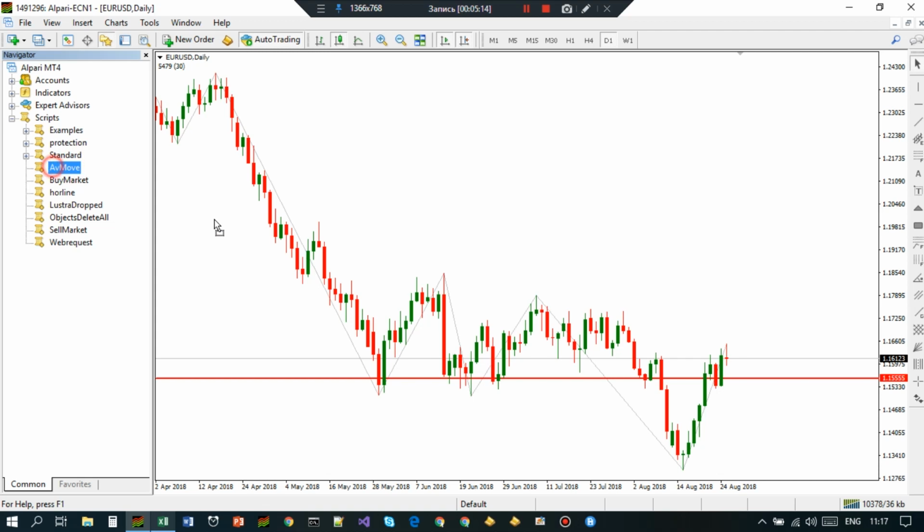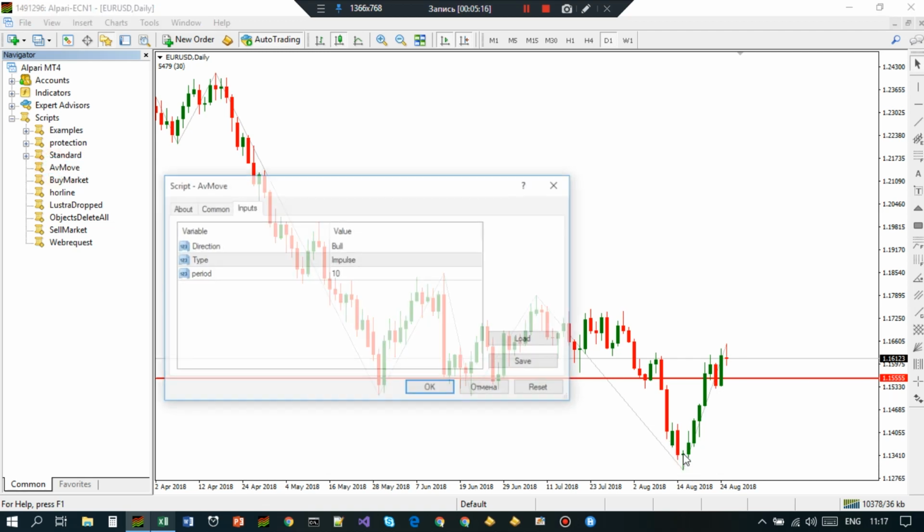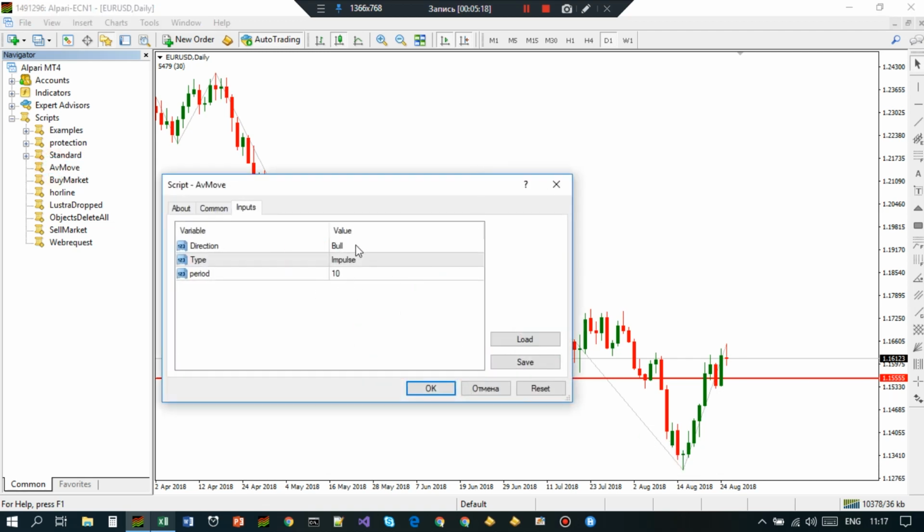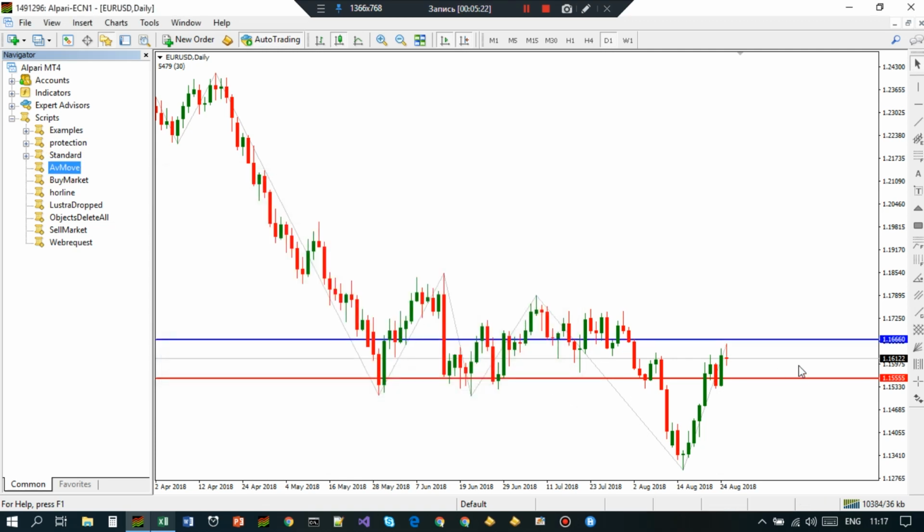That's why we drop our impulse here, period 10, and this is bullish, this is a correction. Okay, and it draws the termination of this bullish correction here. So it tells me we still have some space to hit this level, if the correction continues.